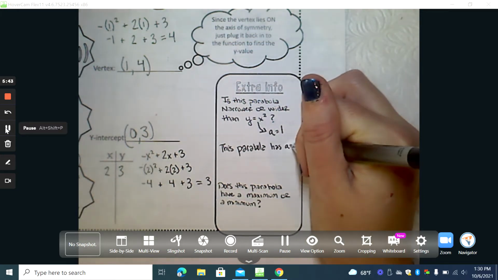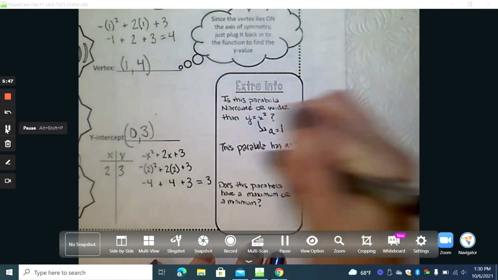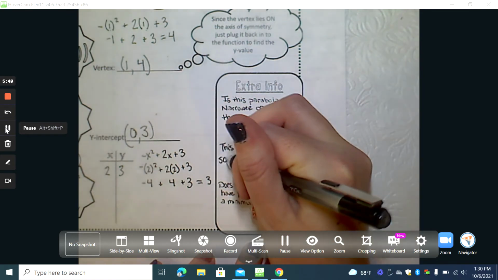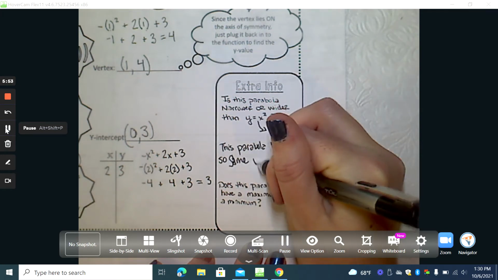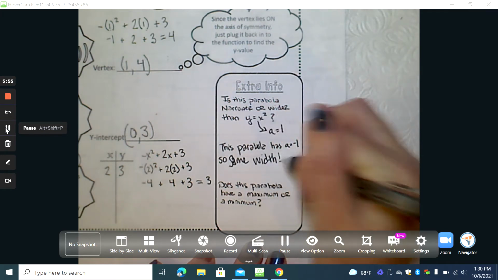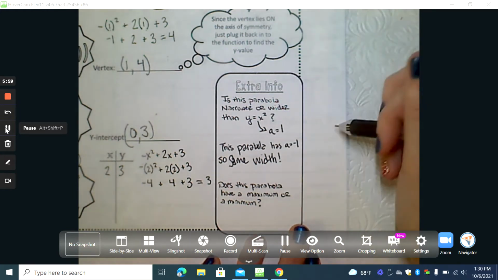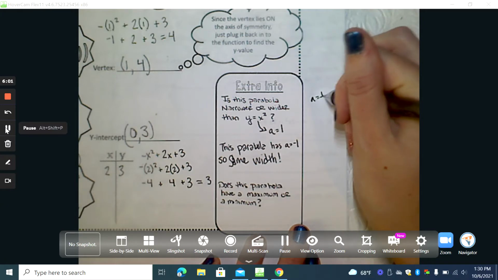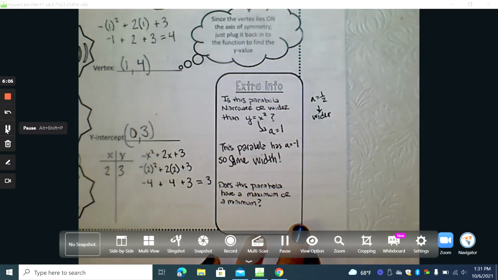This parabola has a as negative 1. And since I have a 1 and a negative 1, they actually have the same width. Now, if our parabola had a fraction, if a was 1/2, that's what makes my graphs wider.